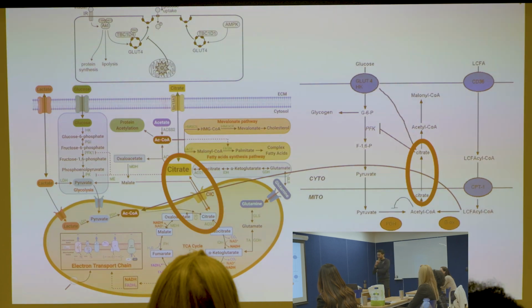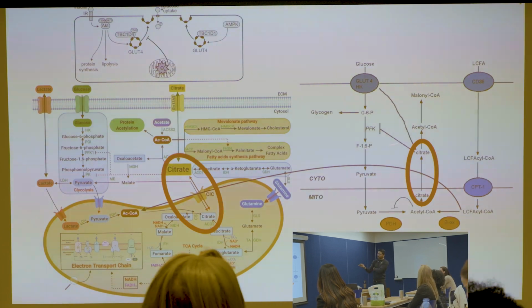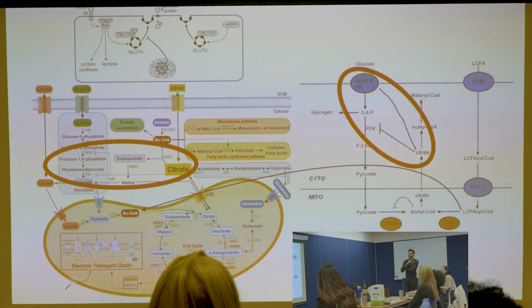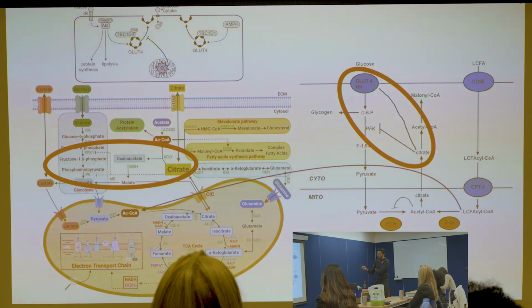So what happens once it goes from there to here? Pay attention. It blocks the action of other stuff. So this citrate, as a result of fatty acid catabolism, is blocking, number one, this thing here.